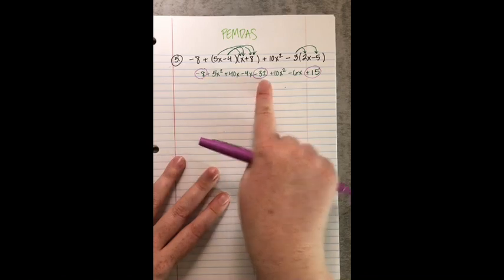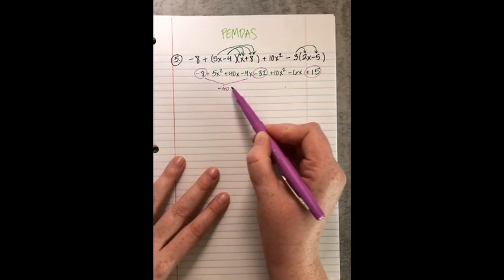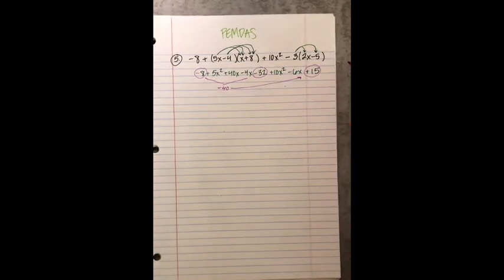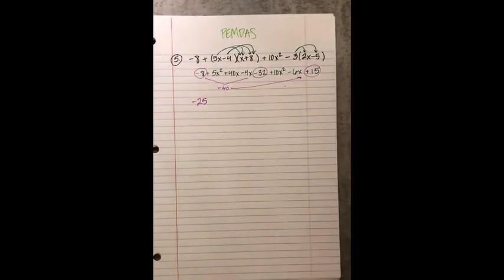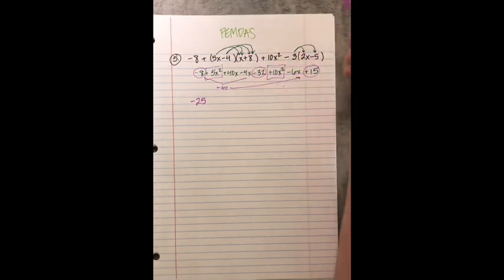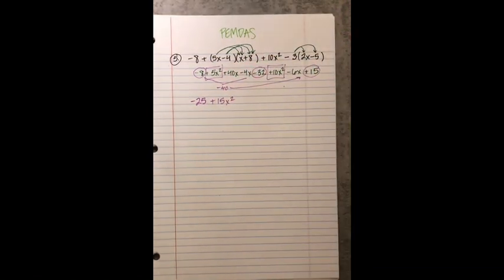Negative 8 minus 32 gets us negative 40, but you also have to put it with the 15. Negative 40 plus 15 is negative 25. Yes, negative 25. Okay. 5x squared can go with 10x squared. They're both positive, so that's 15x squared.